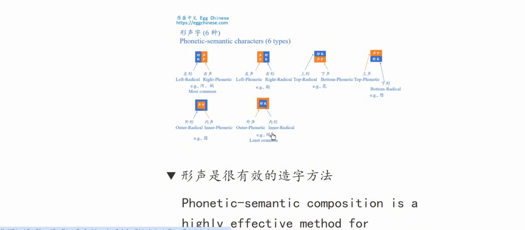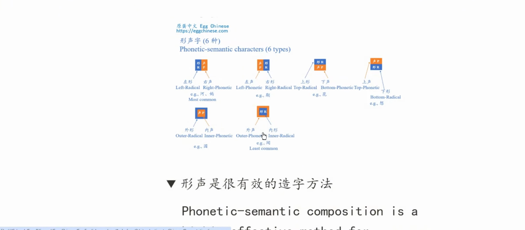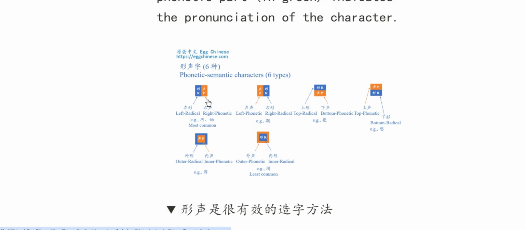So, for example, this character. So, for the 6 types of phonetic and semantic characters, the first type is most common, and the last type is least common. So now we know the most common ones are the left radical and right phonetic type.